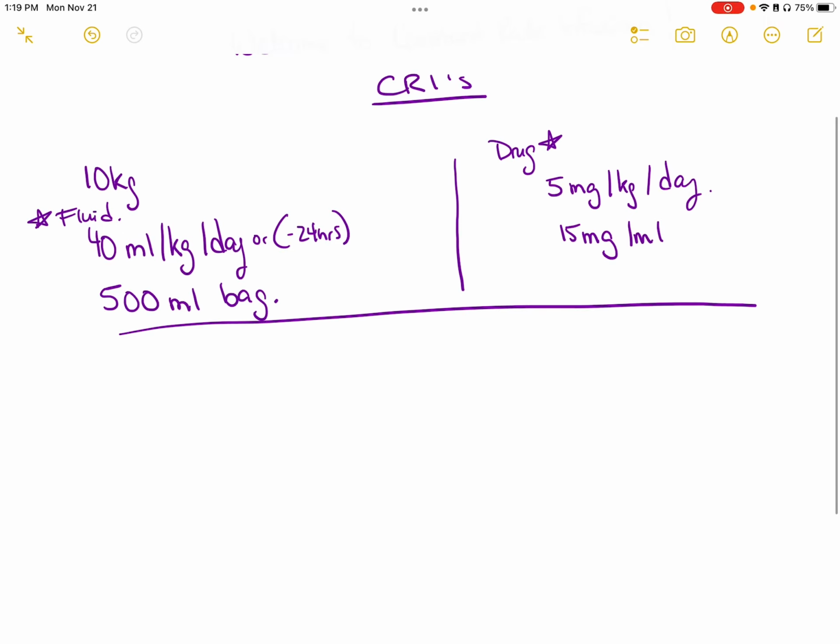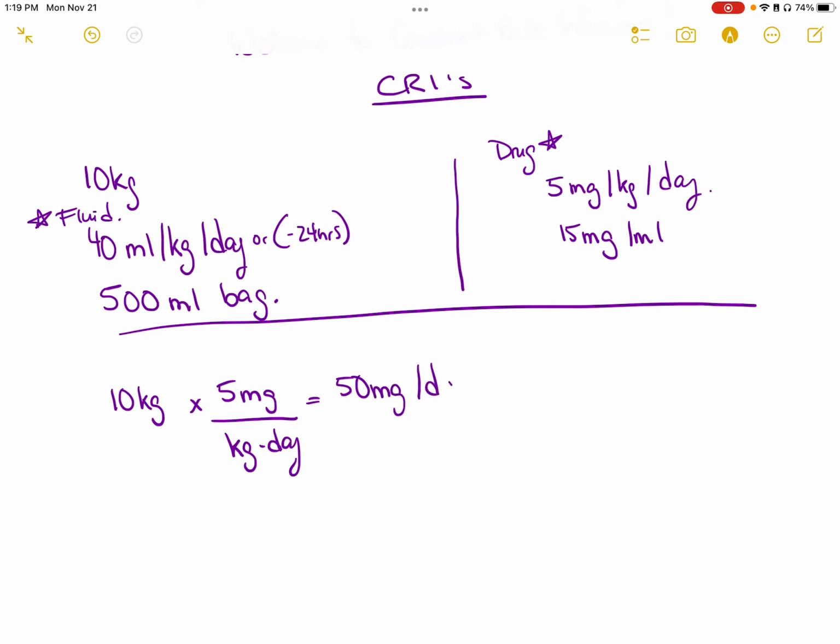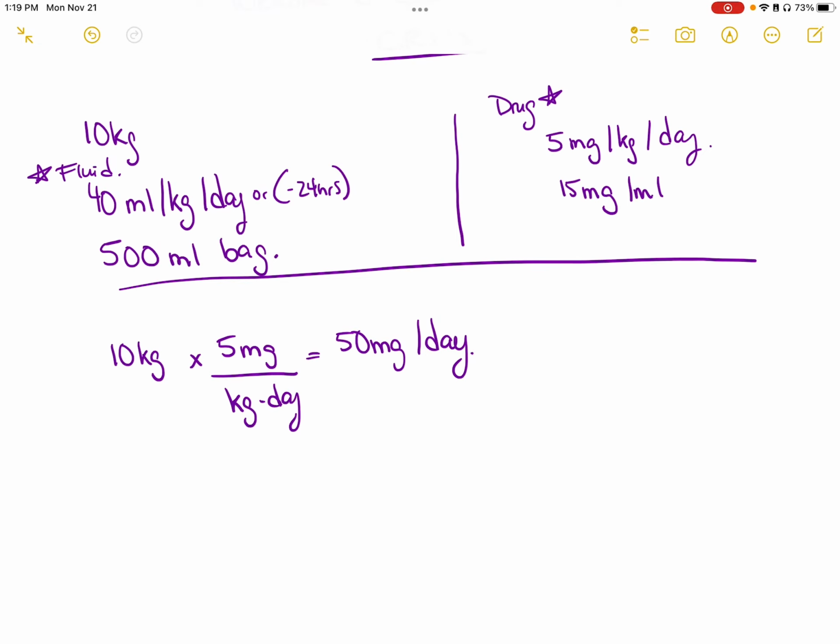So we'll go 10 kilograms, times 5 milligrams per kilogram per day, and that's going to equal 50 milligrams per day.